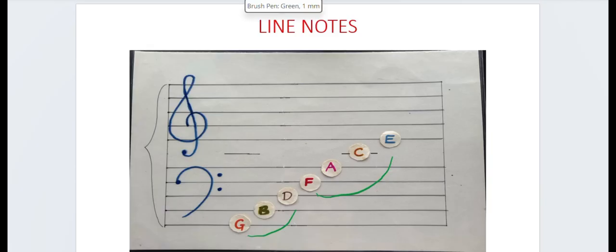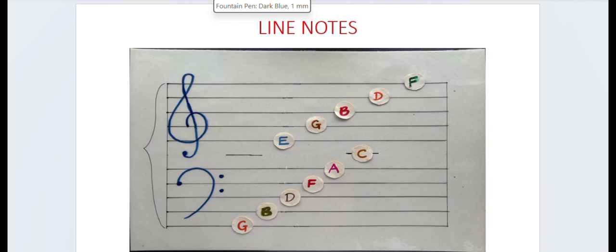The next one is, if we go on to the treble, we stopped at E just now, and then we start on GBD again. GBD, FACE. So again, GBD, and then you have another GBD.